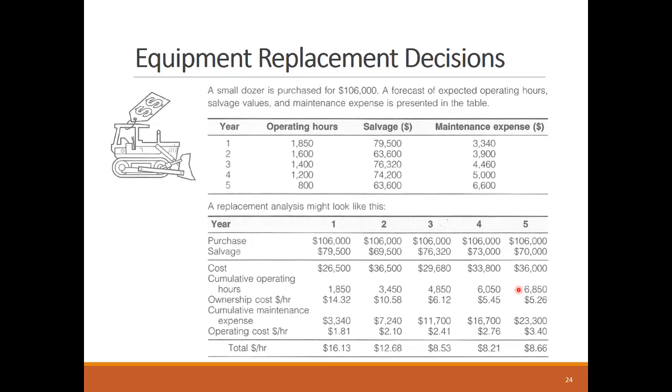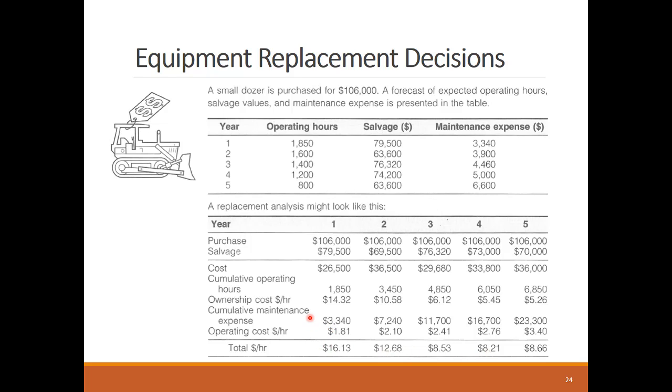This means that the ownership hourly cost is $5.26, which is simplified here by dividing the depreciation cost over the operation hours without considering the time value of money. The cumulative maintenance over the 5 years will be $23,300, and its hourly rate is $3.40. So the total O&O, ownership and operation cost, will be $8.66 per operation hour.